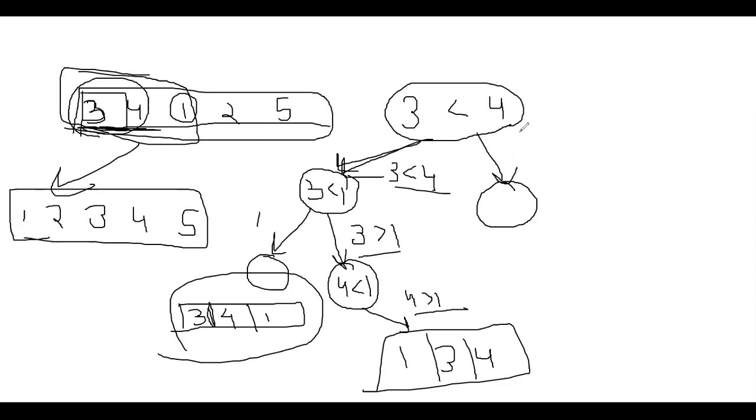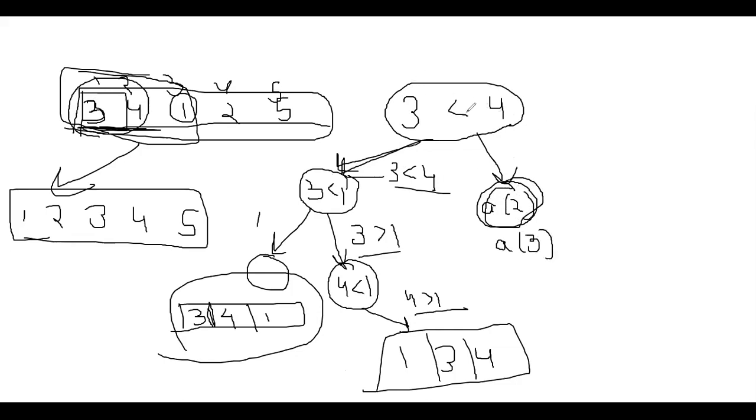Oh, okay. Right. So we compare 3 with 4. Basically this is index 1, this is 2, this is 3, this is 4, this is 5. So what we are doing is comparing index 1 with index 2. If index 1 is smaller, we come here. If index 1 is larger, we come here. Now, if index 1 is larger, then we compare A of 2 with A of 3.